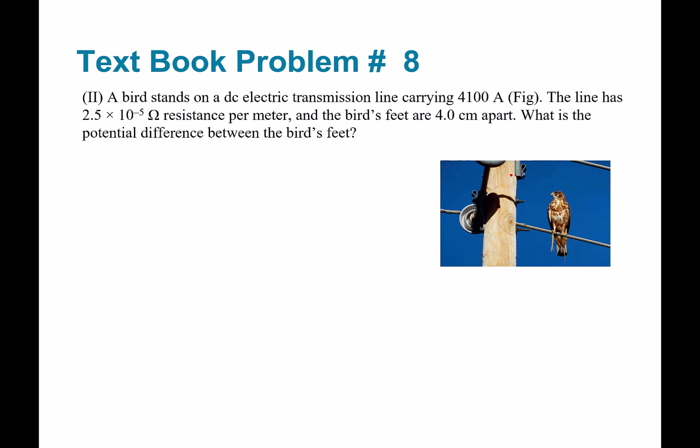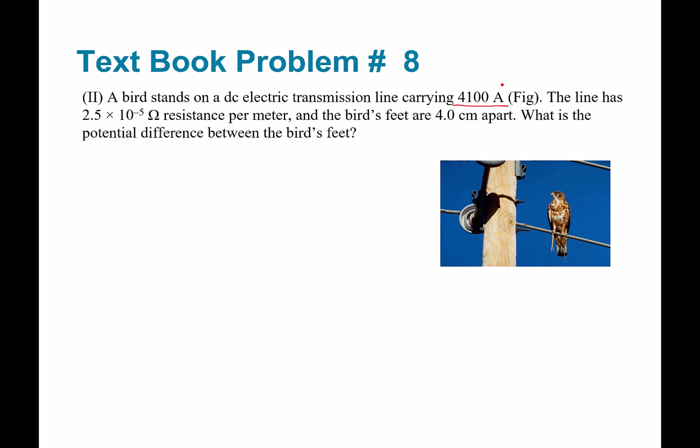So let's work on one of the problems from your textbook. A bird stands on a DC electric transmission line, as is shown in the figure. The line has a resistance of 2.5 × 10^-5 ohms. Just by looking at the units, you can tell whether it is a current or a voltage.